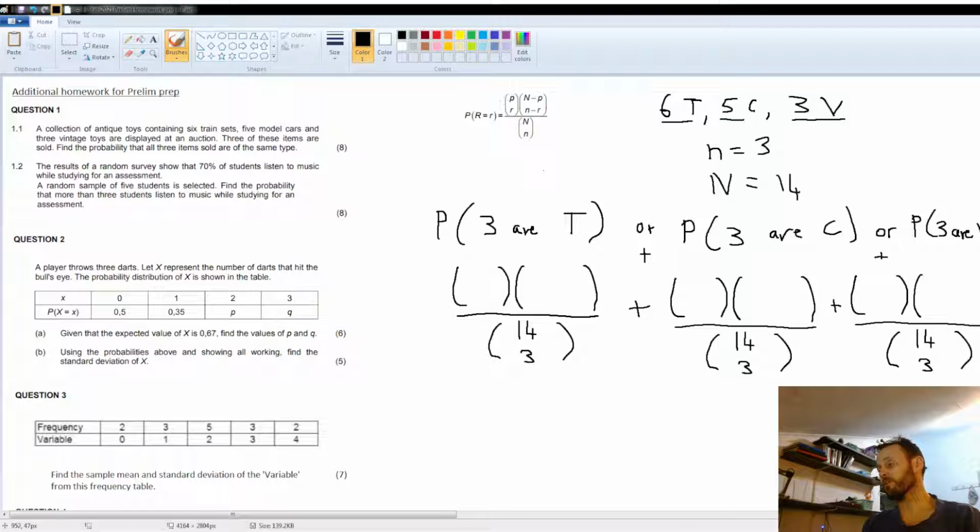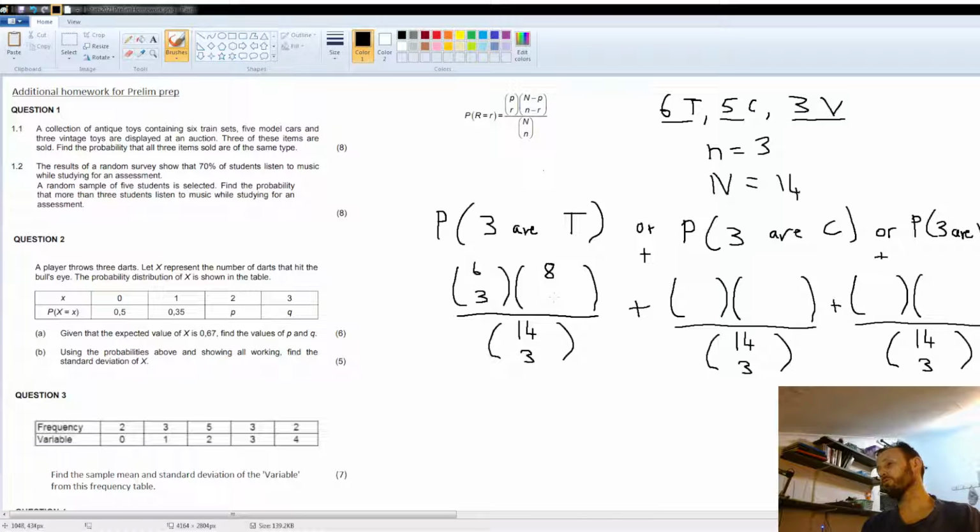The P up here is the total number of things that you want, and the R is the total number that you desire to choose from them. So you want trains. There are 6 of them. How many would you like? You'd like 3. You want all 3 to be trains. What's left over? What's left over is 14 objects minus the 6. So that's 8 things left over.